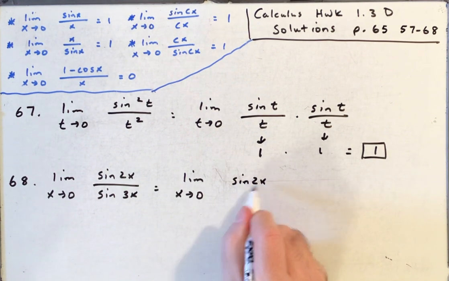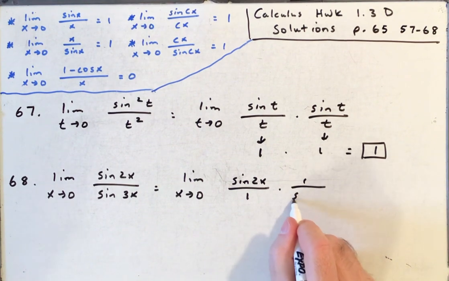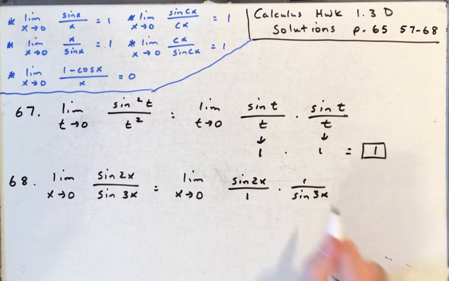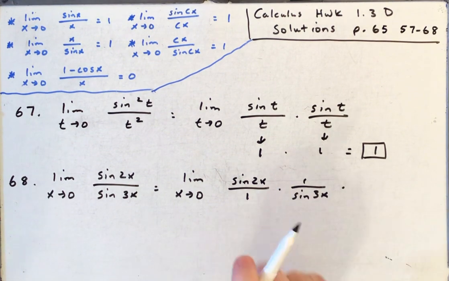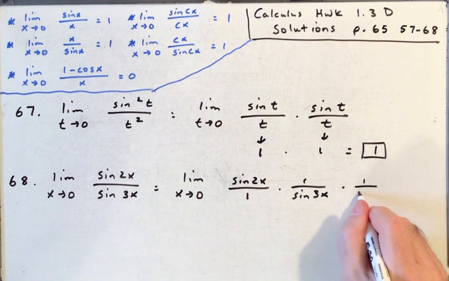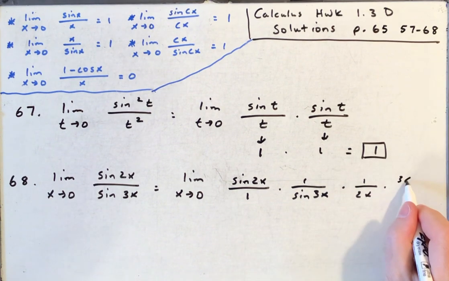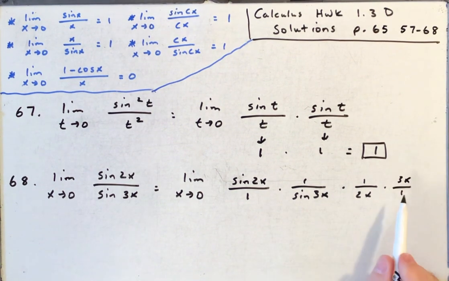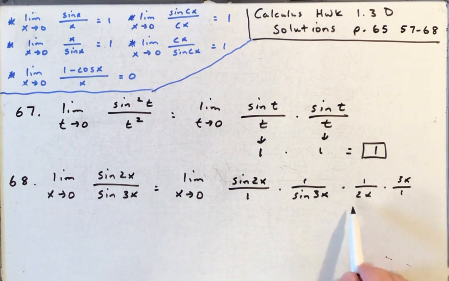So sine 2x over 1 times 1 over sine 3x. Well, what do we need here on the bottom? We need a 2x so that it looks like this. So 1 over 2x. And then what do we need on top? 3x over 1. Now what have we multiplied the whole thing by? 3 over 2, 3 halves.